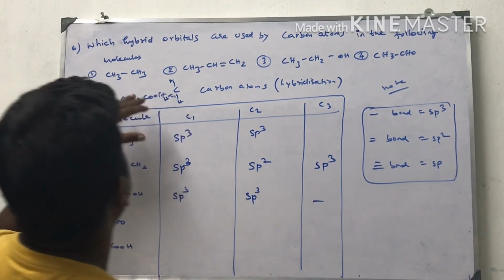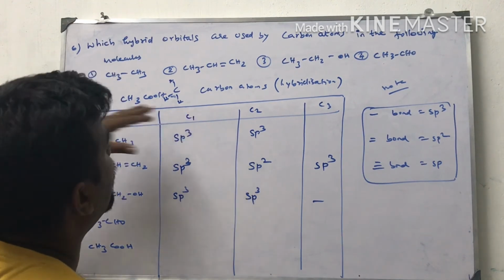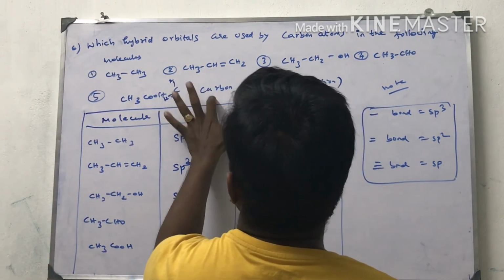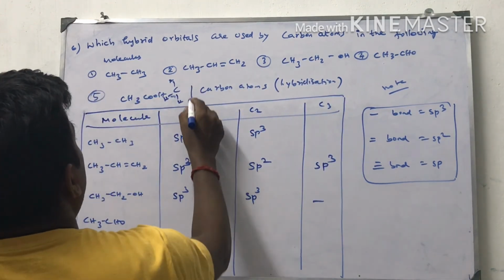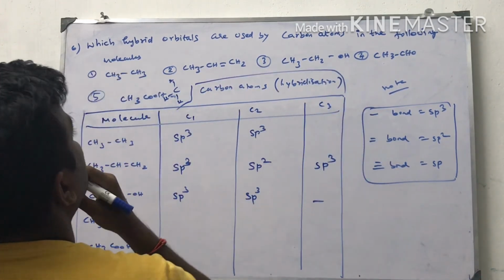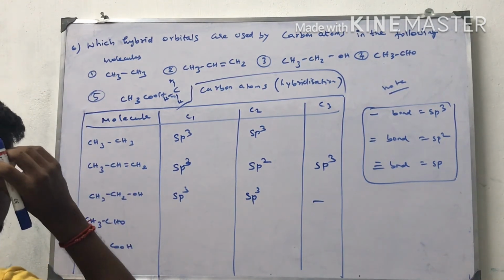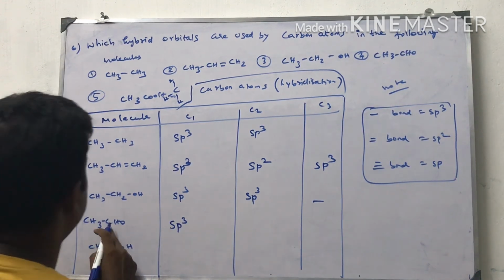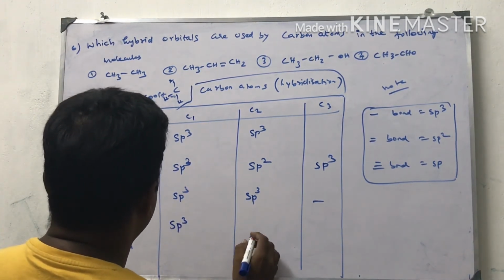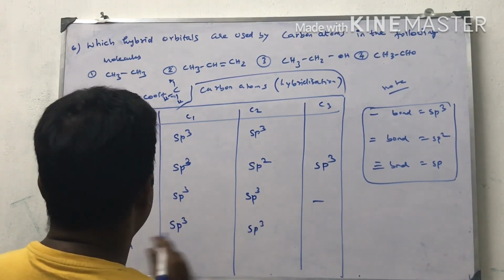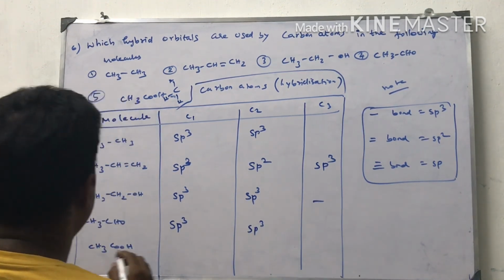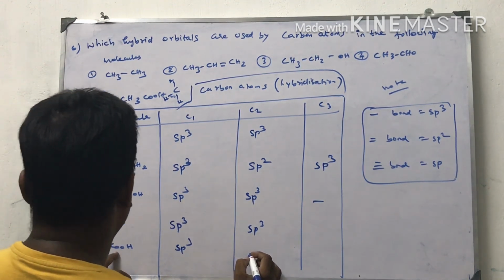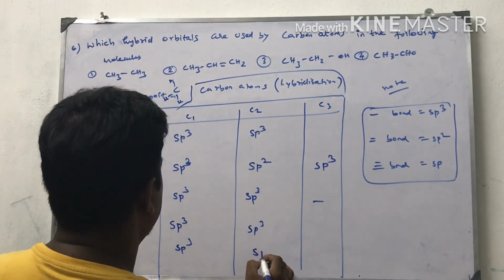They are asking only the hybridization of the carbon atoms, so no need to give the hybridization of OH. In ethanol, both carbons are sp3. In acetaldehyde, one carbon is sp3 and the carbon double bonded to oxygen is sp2.